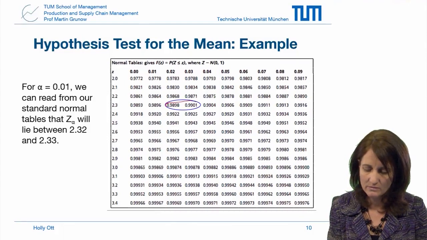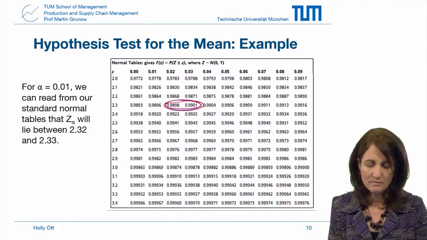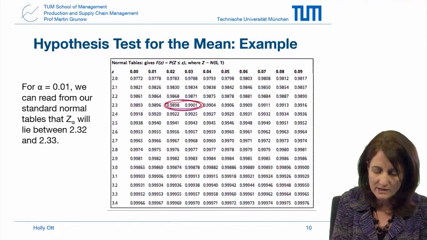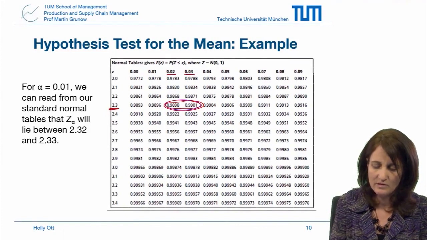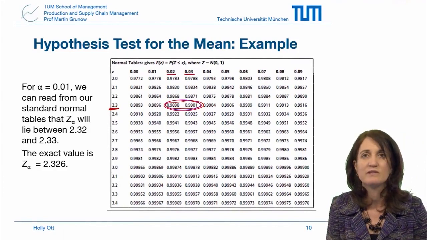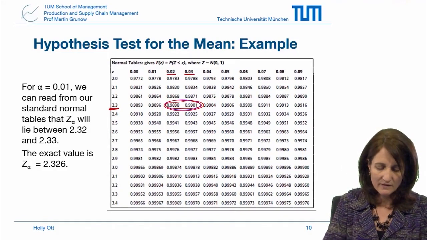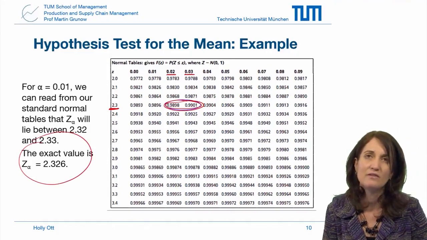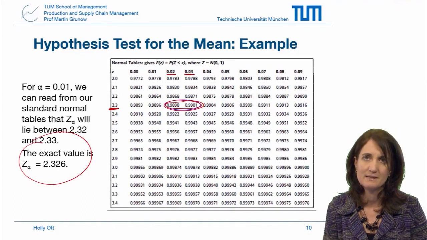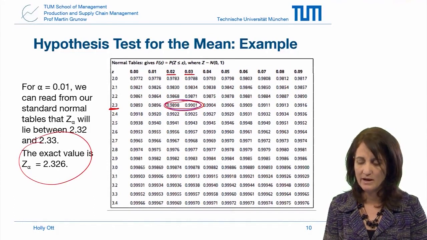And we can see that our probability is going to lie somewhere between these two values. So we have Z equals 2.32 and 2.33. In actual fact, if we did this with a computer, we would find out that the exact value is Z alpha equals 2.326.